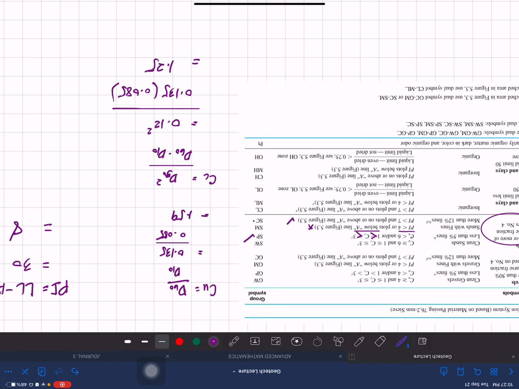So, you can say that this is actually SC as well. So, what will be the classification of the soil? The classification of the soil now is SP-SC. Dalawa ang group symbol niya.